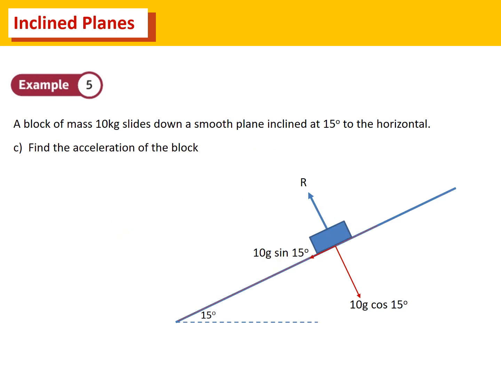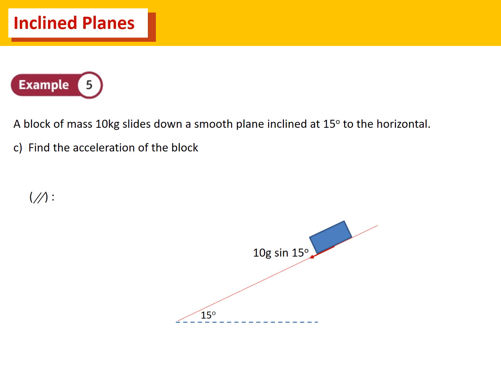For part C, we want the acceleration of the block. Therefore, I'm only looking at forces parallel to the plane, so I'm going to remove the normal reaction and the weight component into the plane. Now that's my notation there to tell you that I'm working parallel to the plane, and the only force we have parallel to the plane is the 10g sine 15 degrees.